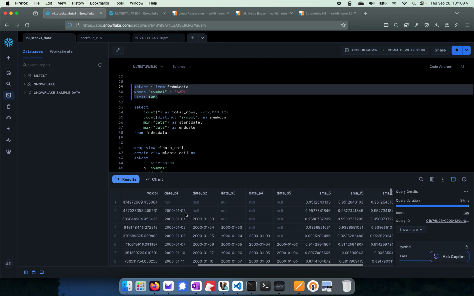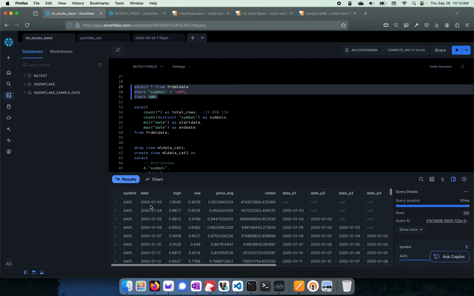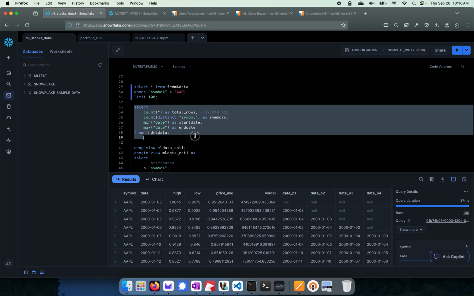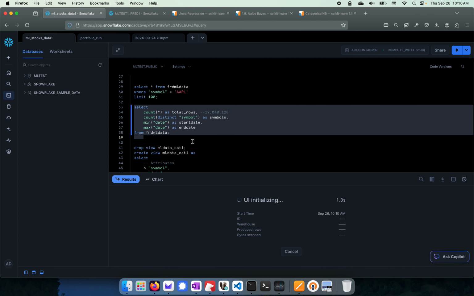We can see that the data starts at about 2000, and we can confirm that just by running this query. We want to know the total number of rows, the number of symbols that we have in our data, and the min and max dates of our data.